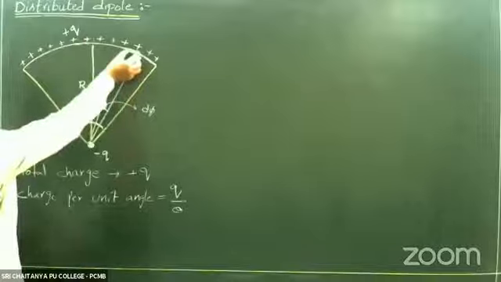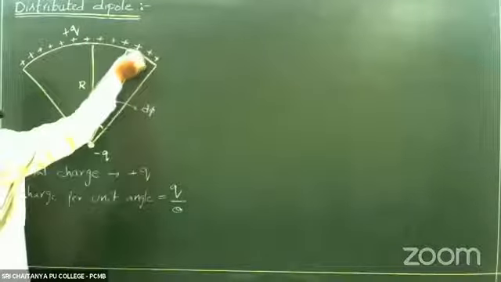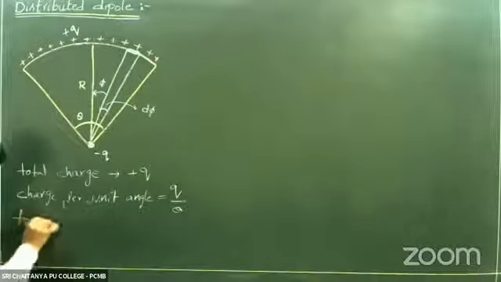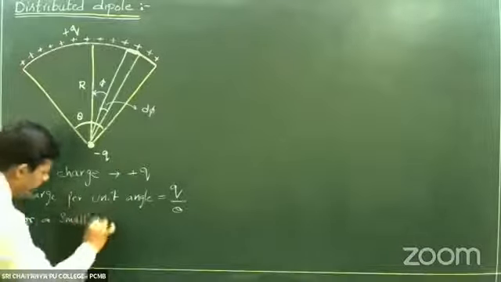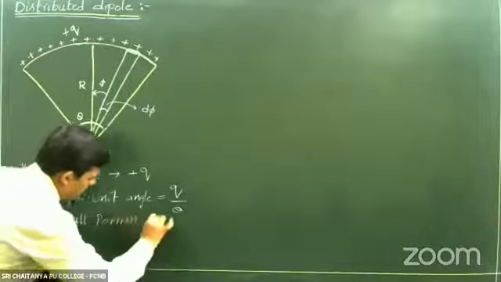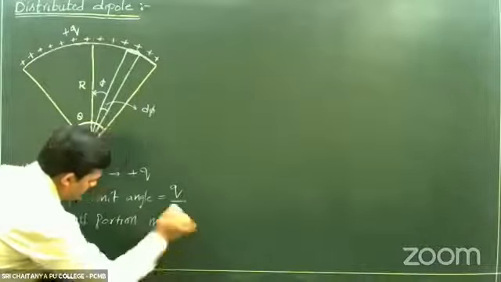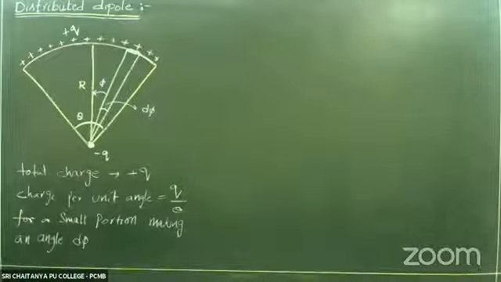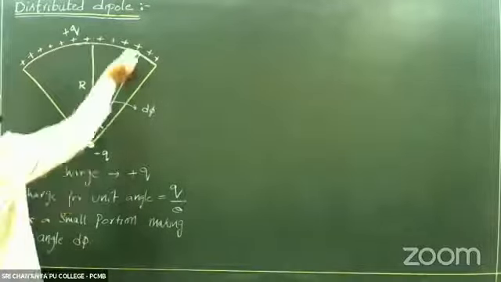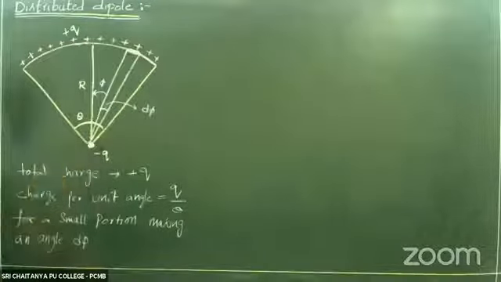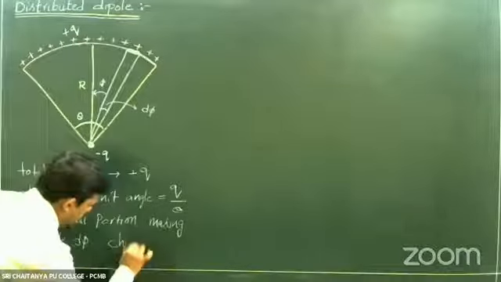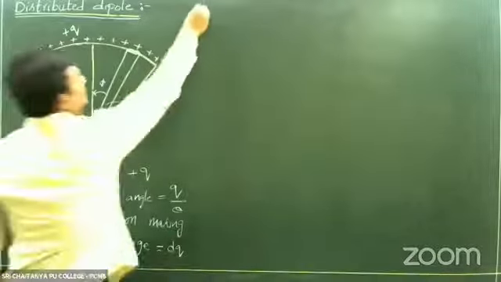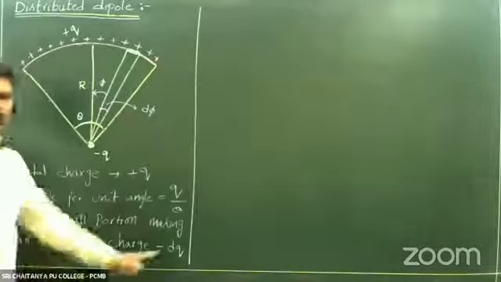Now I selected this small portion making an angle d phi at the center. Its charge is dq. How to write this dq?